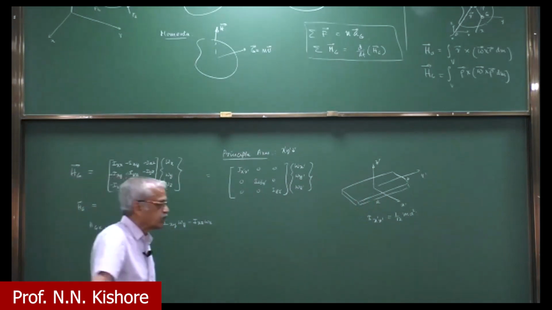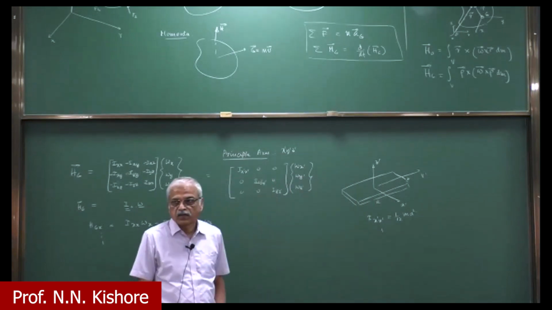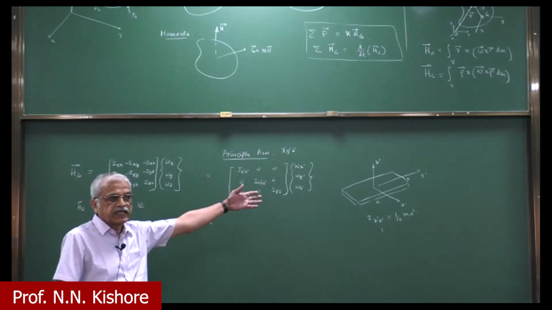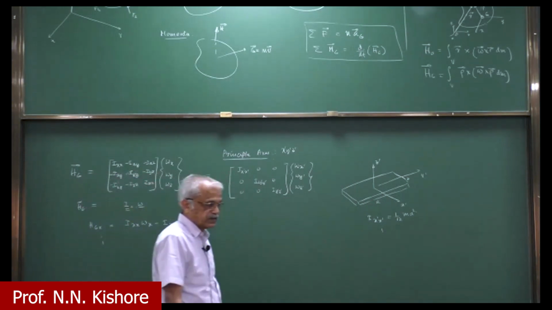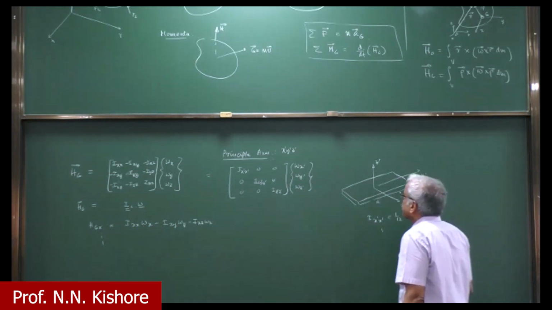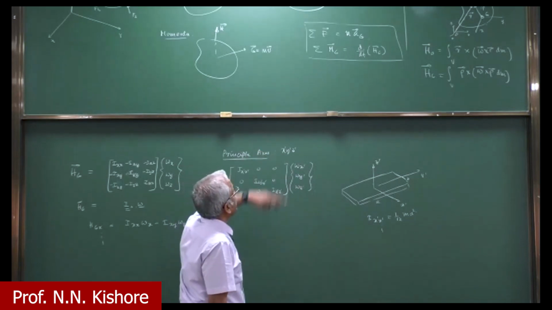Okay, cylinder also we have derived the inertia term, and that's what it is. But if x prime, y prime, z prime, or any x, y, z orientation, then all these terms also will remain.